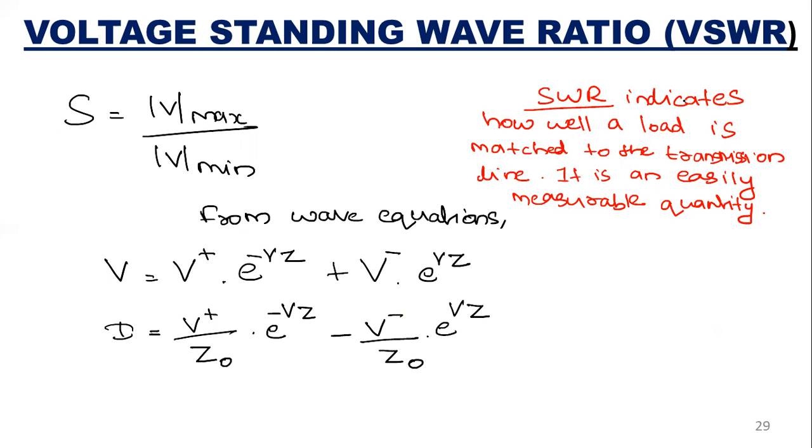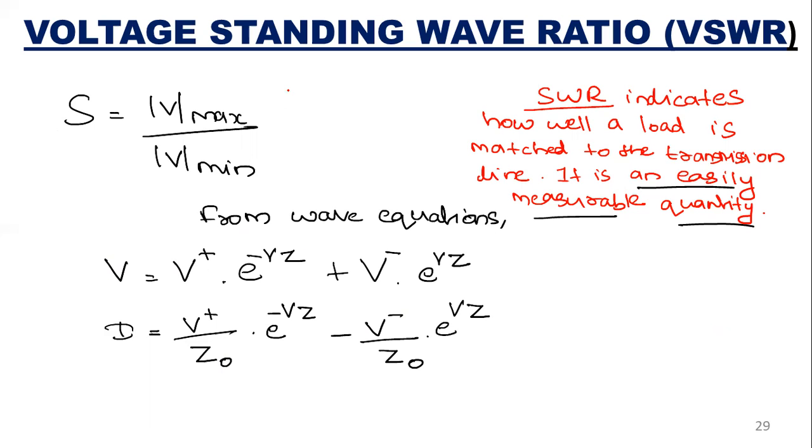So SWR indicates how well a load is matched to the transmission line, and it is an easily measurable quantity. The voltage standing wave ratio S is defined as S is equal to V max divided by V minimum.